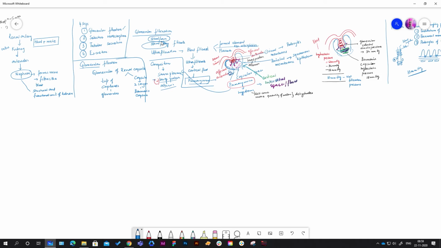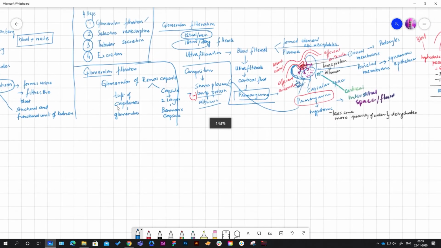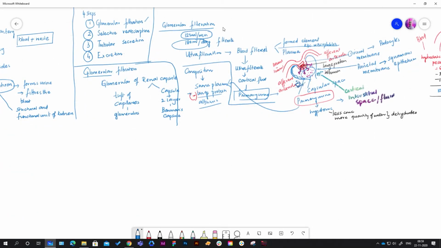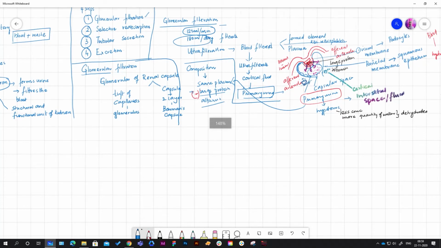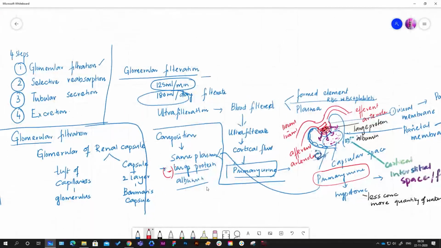Per minute, you have about 1100 to 1200 ml of blood entering into the nephron through the afferent arteriole.